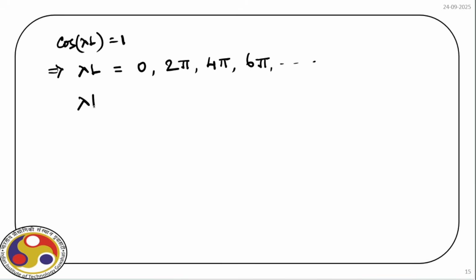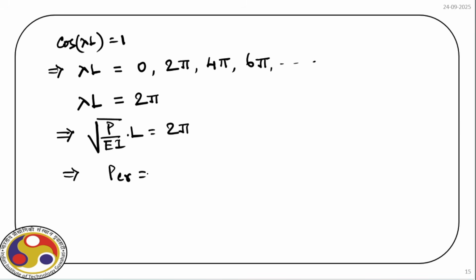So we have the first critical load for lambda L is equal to 2 pi. And if we put the expression of lambda, we have square root of P by EI times L is equal to 2 pi. And what we get is P critical is equal to pi square EI divided by L by 2 whole square.